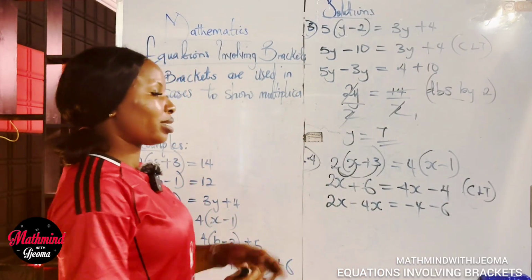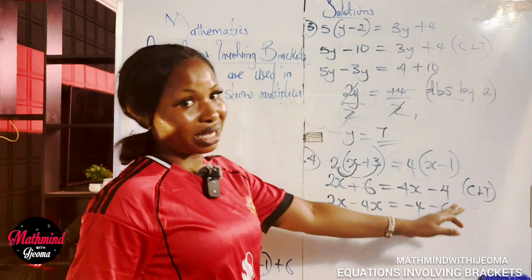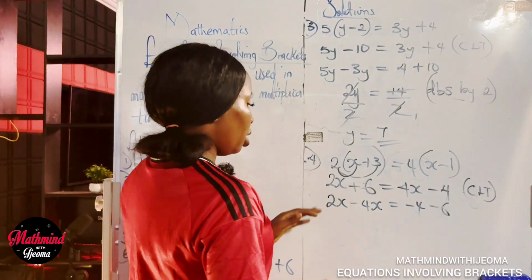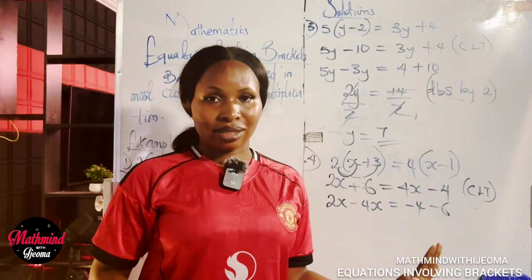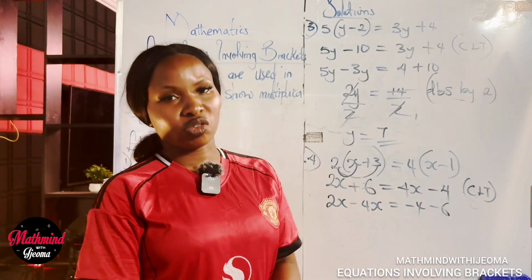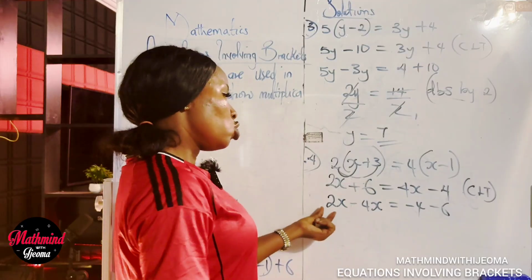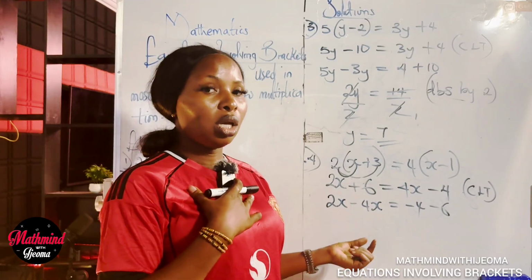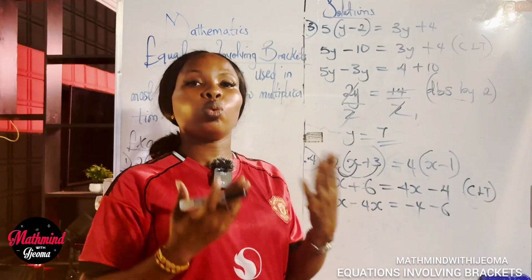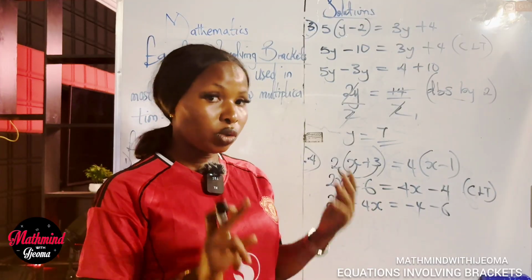So plus 6 crossed the equal sign to the right hand side and became minus. Okay, so we have 2x minus 4x. Let's use our illustration here. You are having 2x. You are owing 4x. If you pay with your 2x, you will still owe 2x.